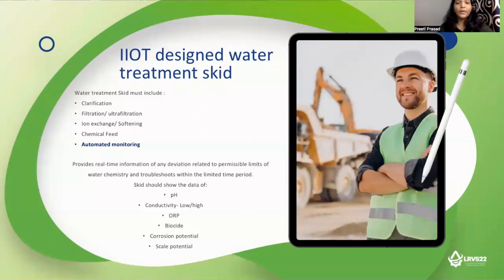This type of data, the IIoT designed water skid should be capable of capturing at the time and informing the customer and the owner of the equipment that this is going to happen, so take corrective action right at the moment. Providing real time information is a very strong point which helps you to lead in this competitive world and run the equipment at its best efficiency.